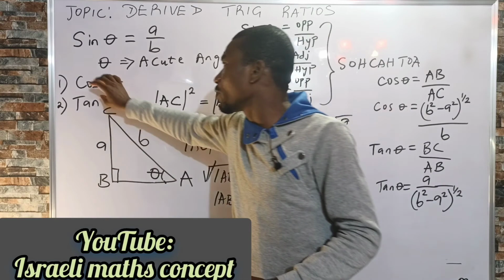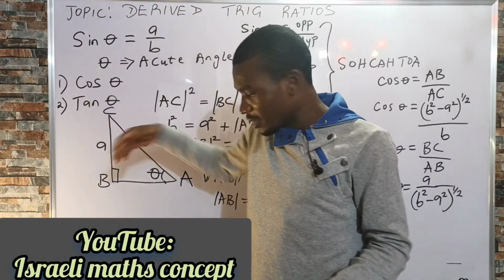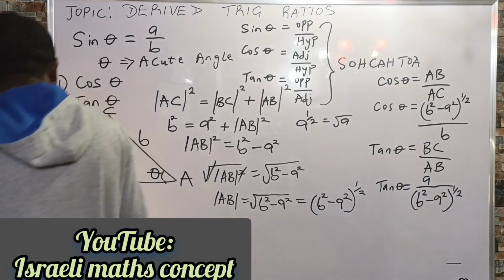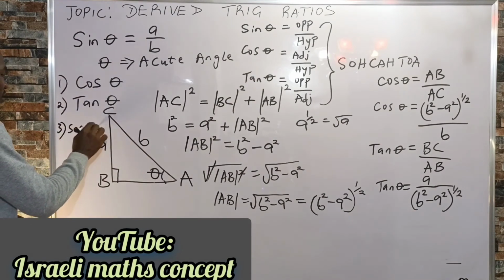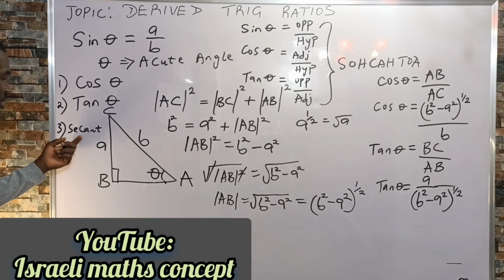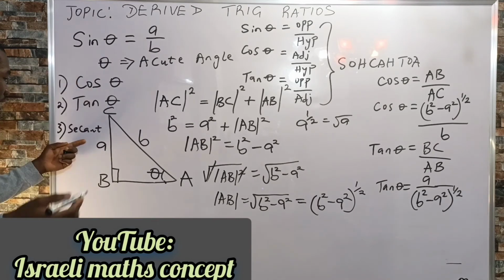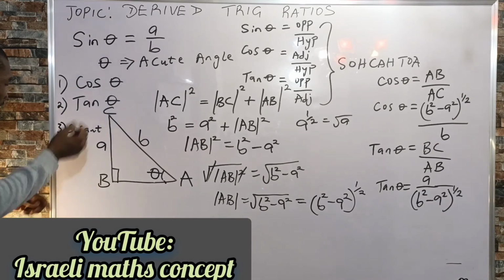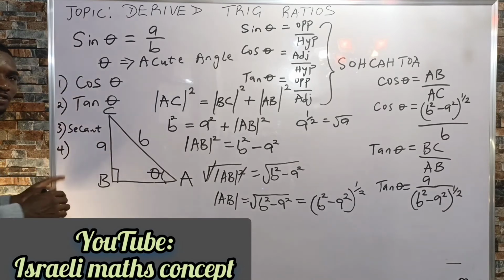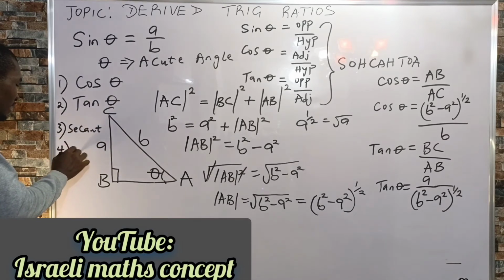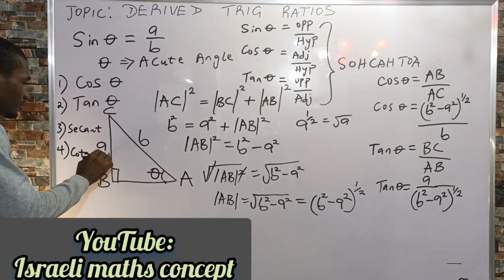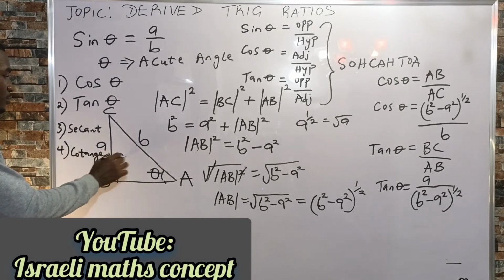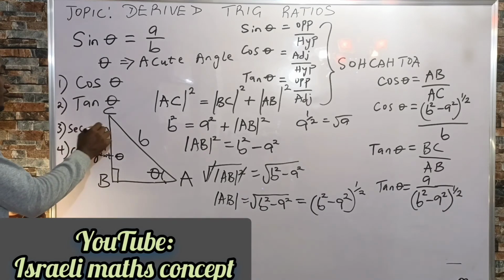Actually, it mustn't be only cosine theta and tangent theta. We can still be given something like secant theta. Remember that secant is simply the reciprocal of cosine. We can also be given a question like to find cotangent of an angle theta and secant of an angle theta.